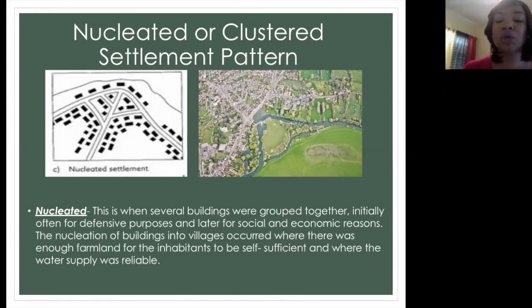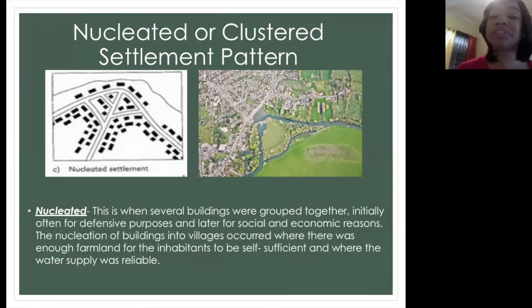Okay, so this settlement pattern is also a rural settlement, and in previous years, they would cluster settlements together for protection purposes as a defense mechanism. They kept everyone closely together, so in case of attacks, persons wouldn't have to come from too far to assist in the defense.